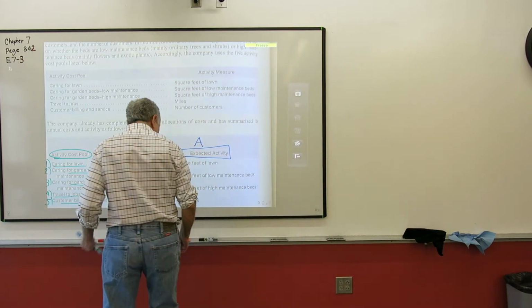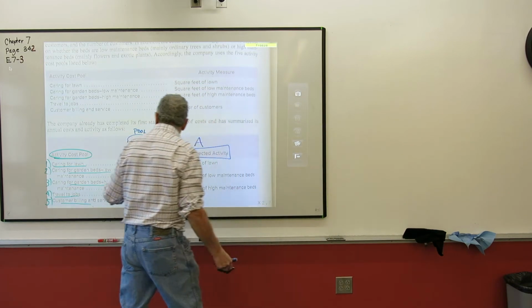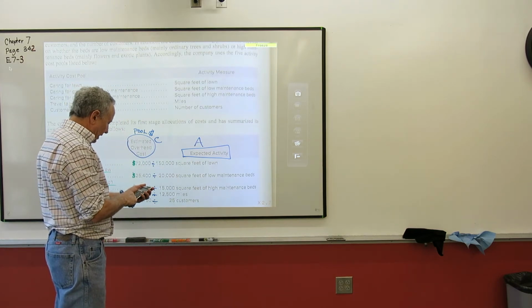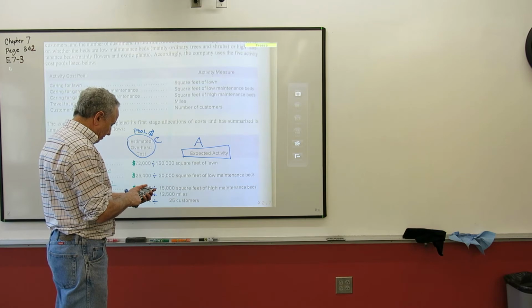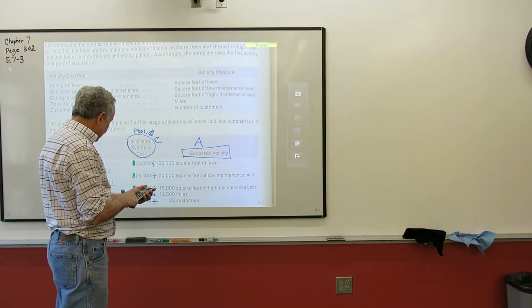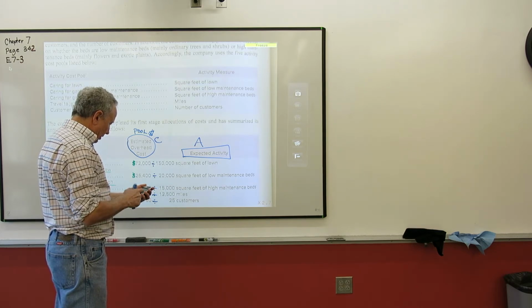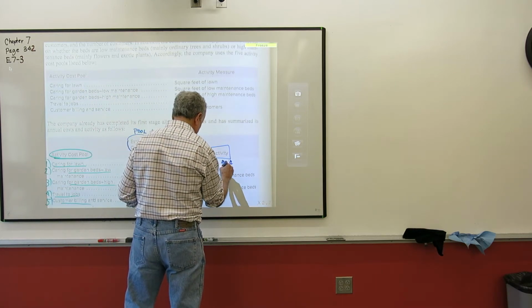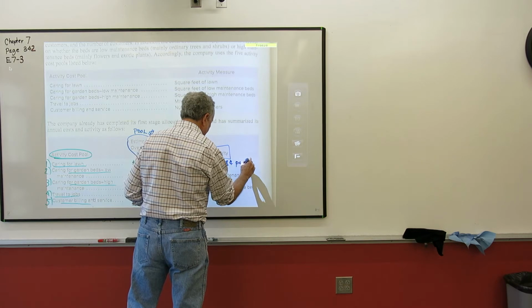Take $72,000 divided by 150,000 square feet. So 72,000 divided by 150,000 square feet. Oops, yeah, that is 150,000. That's 48 cents per foot.